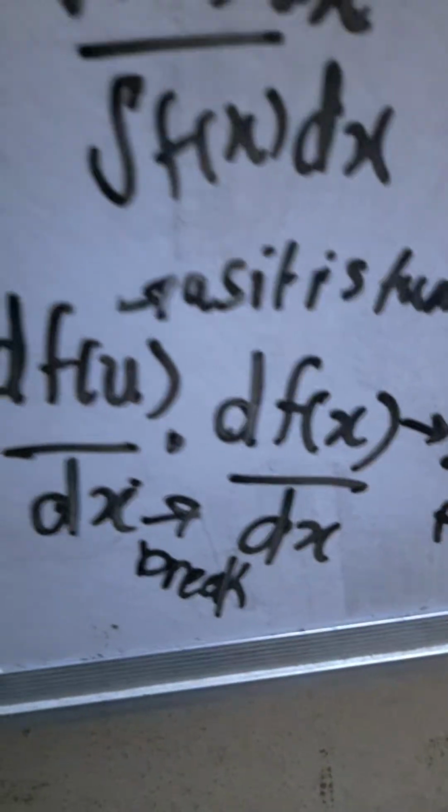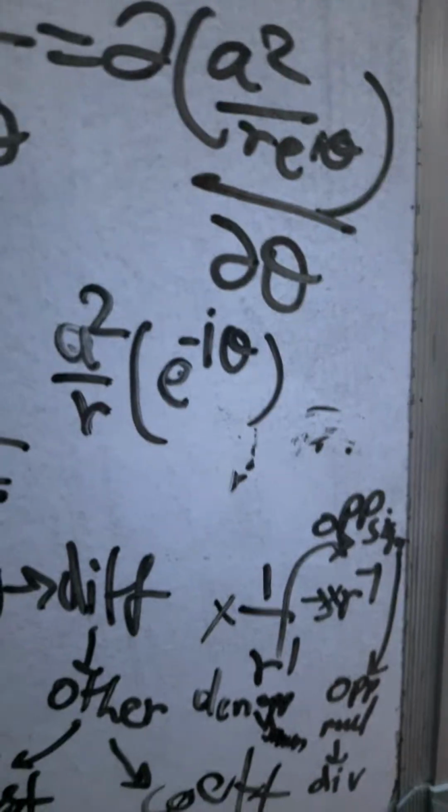First we take the derivative as it is, then we take the derivative of the inside function and multiply with the previous derivative. So now we take the derivative of e raised to minus i theta. The derivative of e raised to x is e raised to x. It remains the same, so e raised to minus i theta.